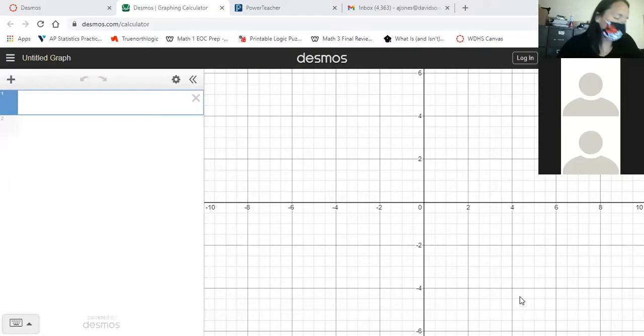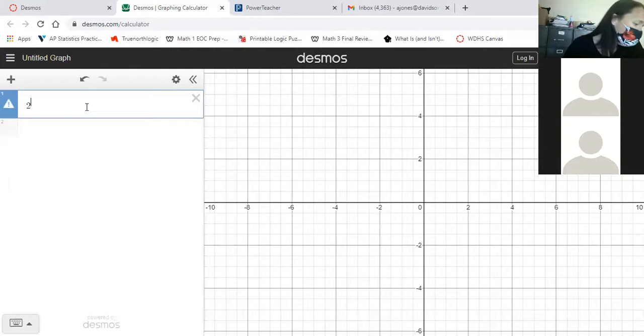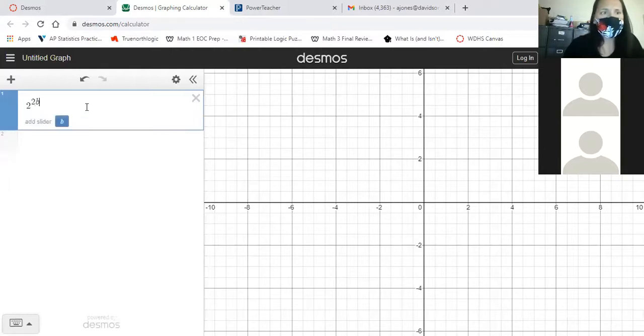If you have Desmos and you can pull it up on your phone or your laptop, and you put these in, 2 to the 2b plus 3. Hold on, I've got to do it in parentheses. That's the hardest part, is trying to figure that out.